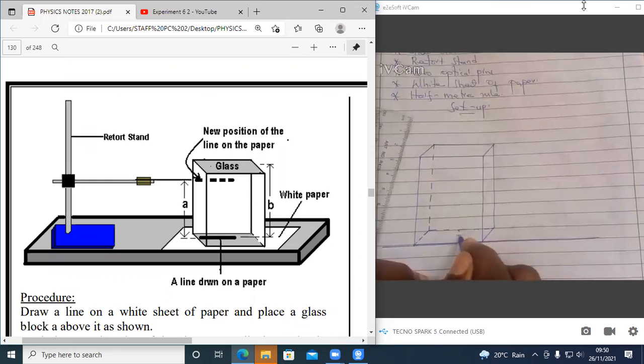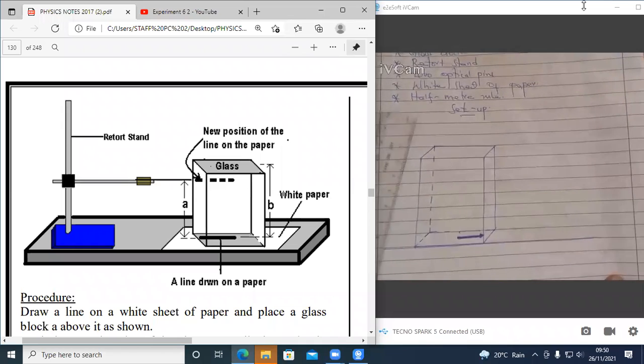So you can put it here. So assuming this is our pin, that is one of the optical pins. I already explained why we need it to be touching, so that it becomes very easy for us to adjust the pin.